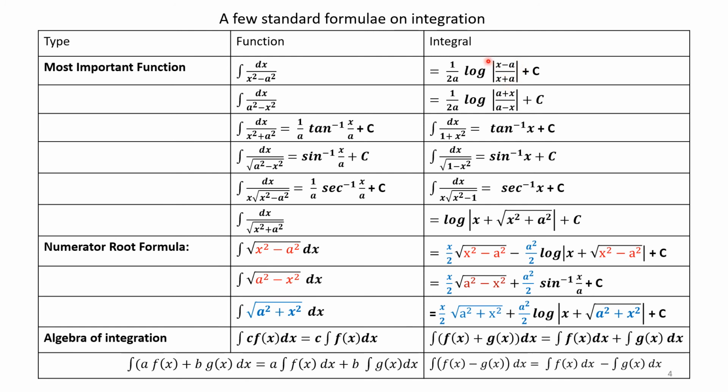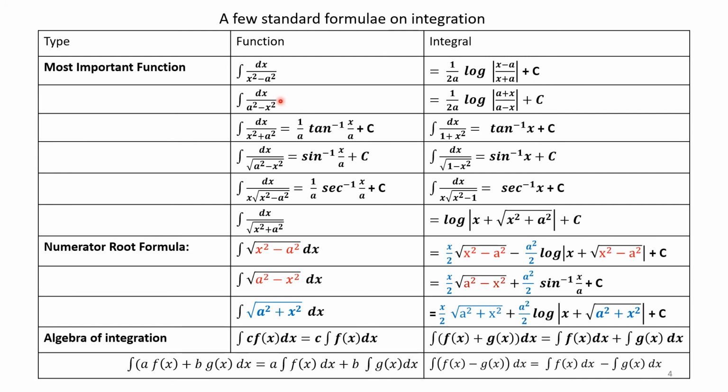Because log is always positive, we have to write it within the modulus brackets. Plus c is the constant of integration, which has to be written after each and every integration process.